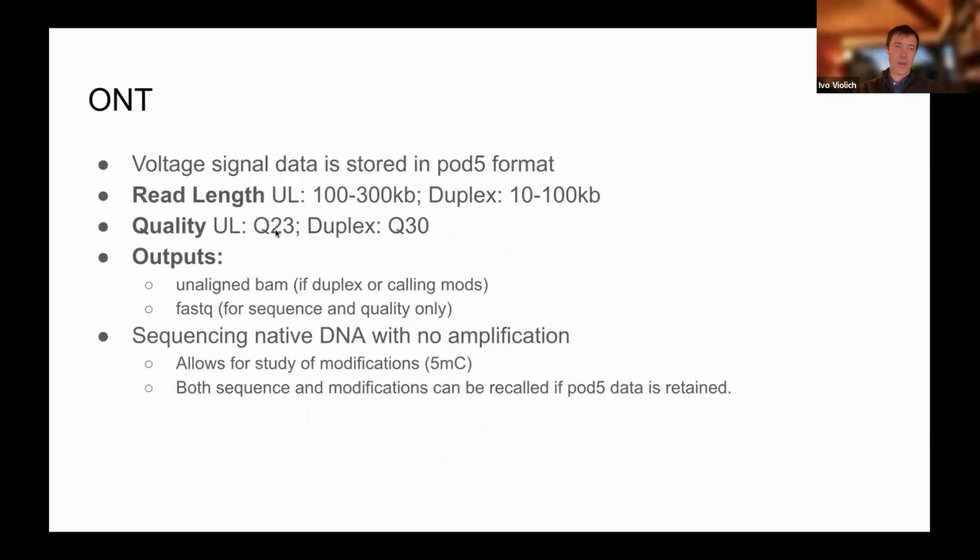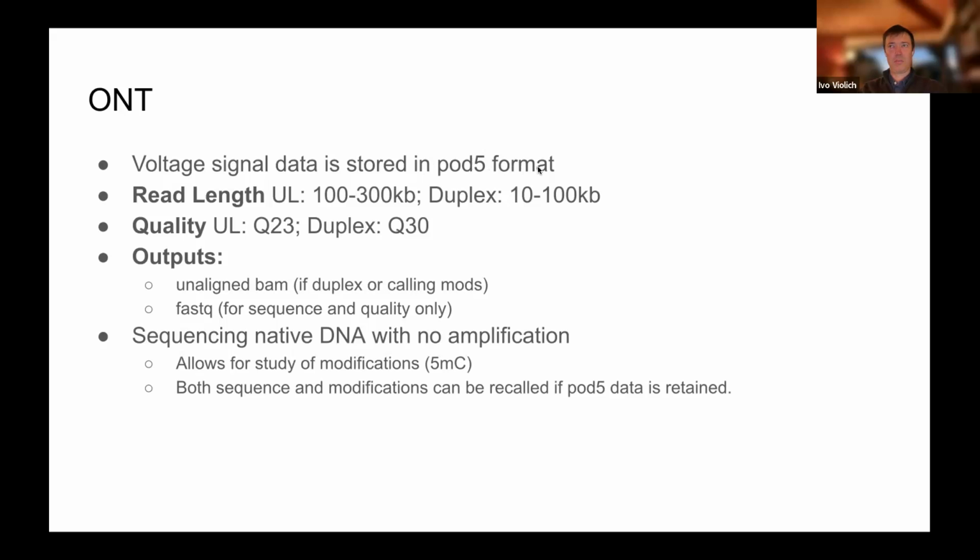So in terms of ONT, the key aspects to remember are that it's a voltage signal. That's the data that's being stored in the POD5 format. So the raw output of the ONT sequencer is electrical signal. And these files are huge. These can be up to 1 terabyte per flow cell.